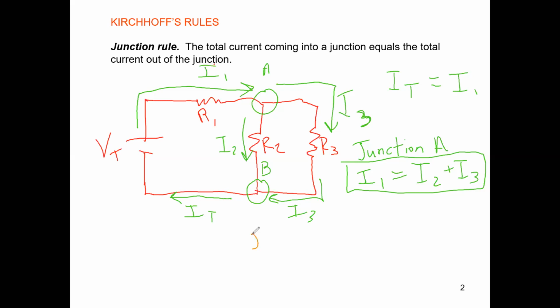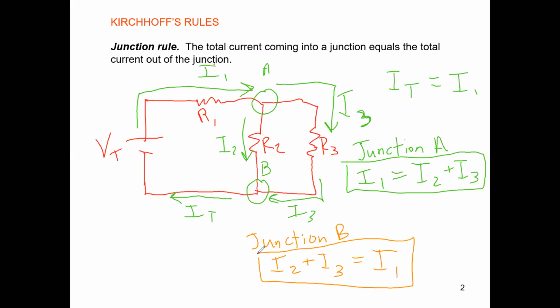If we analyze junction B, again the current coming into the junction is equal to the current coming out of the junction. I'll just call it I1.